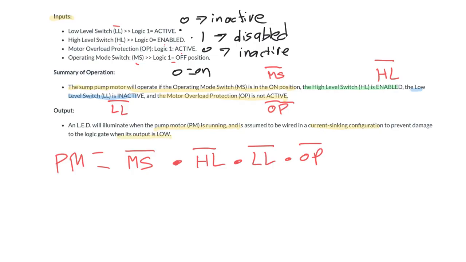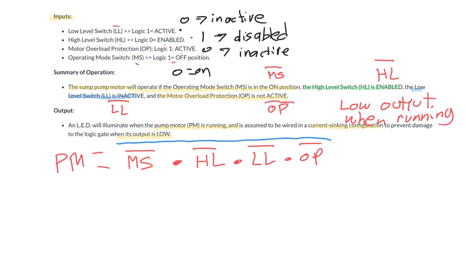So what that means is a low output when running, and because of that, we're going to put a bar across the whole thing. In order to solve that, that forces us to use De Morgan's theorem. Okay, so De Morgan's.